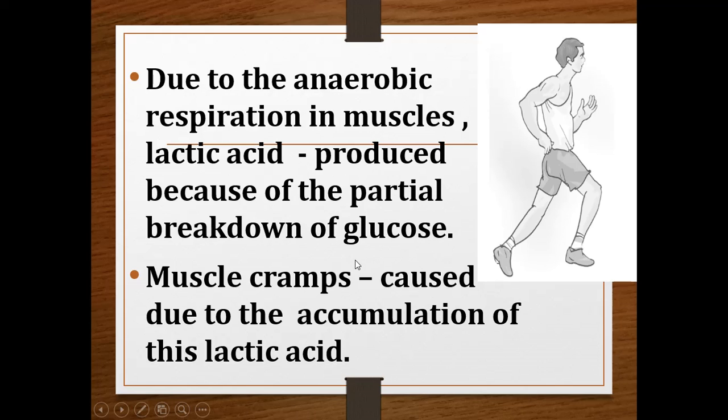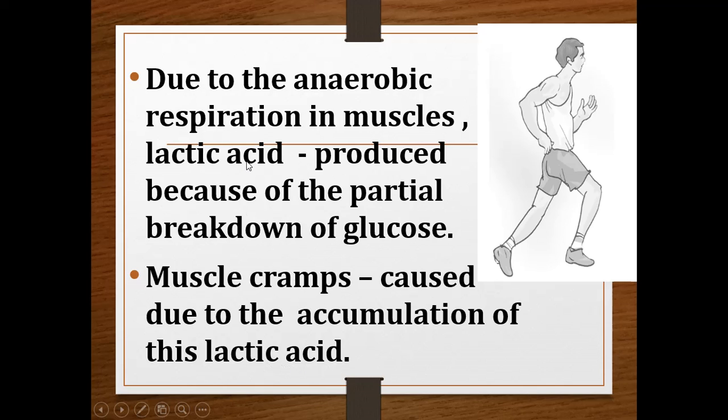Understood, children? So what will happen? Once we are doing exercise or any muscular activity, we sometimes feel muscle cramps. Yes. So why are muscle cramps caused? Muscle cramps are caused due to the accumulation of this lactic acid.